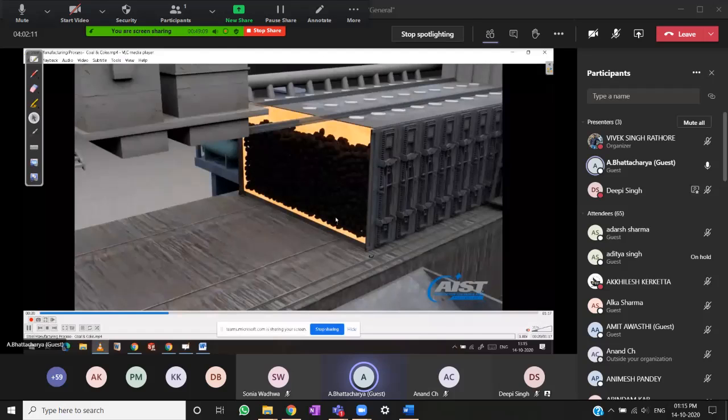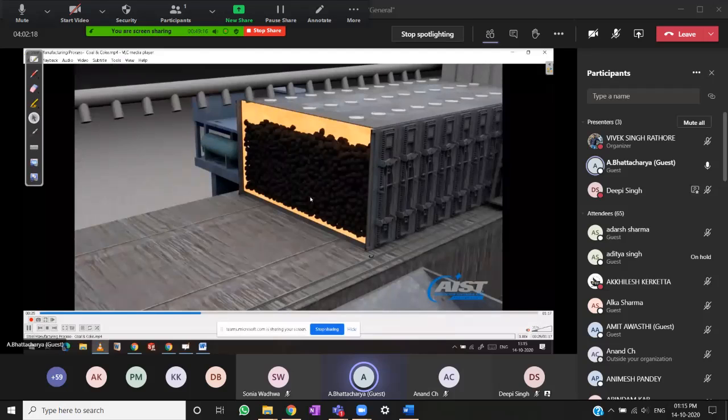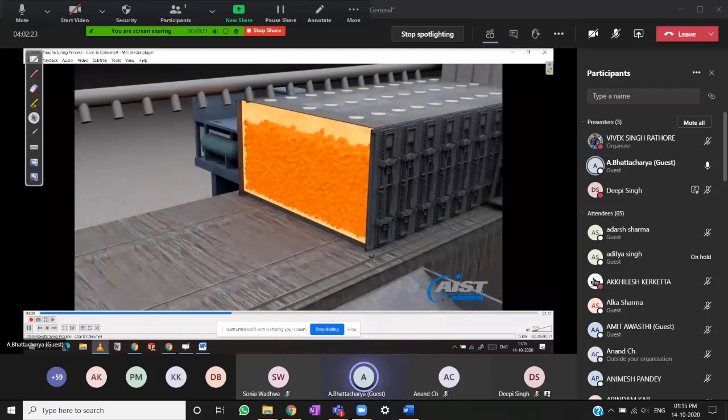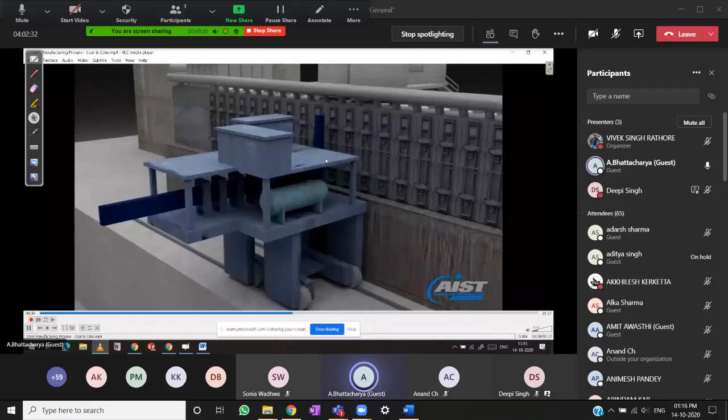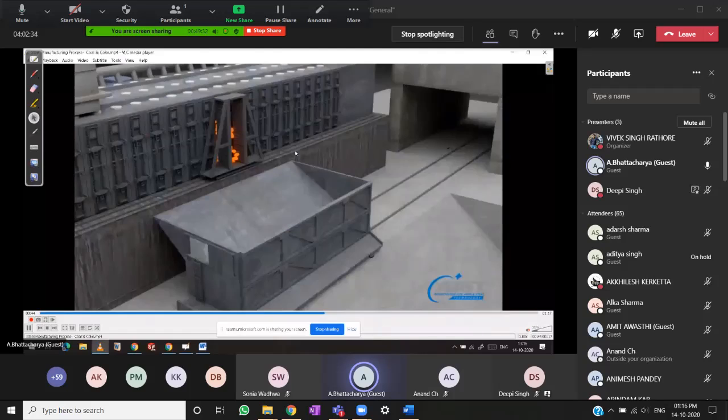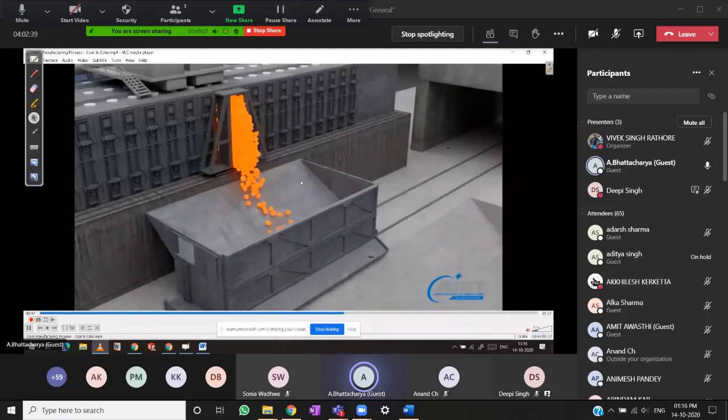Heating takes place inside. The coal is heated and the volatile matter escapes through this pipeline. After that, the hot coke is pushed into a car. This is the hot coke car, and then it is sent to the quenching tower.